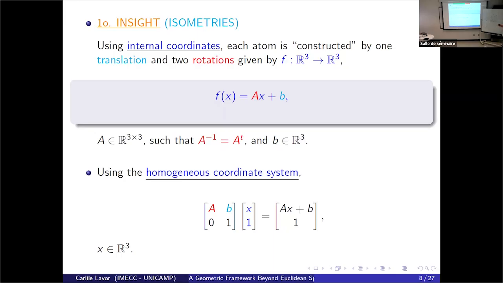The answer is yes, and why I call this insight, because in fact, the conformal model of the 3D space in R5 is presented in a very different way. It's presented in the context of the Clifford algebra that is much more complicated than the basic ideas that I'm using here to present these ideas.